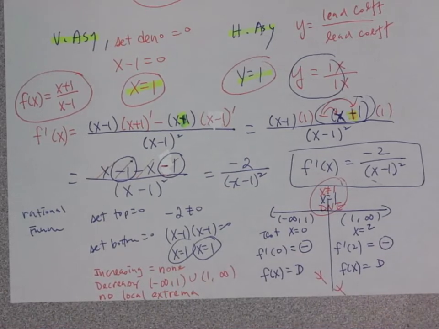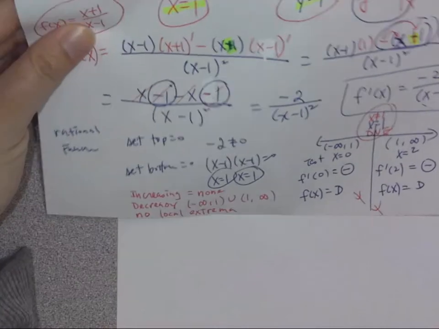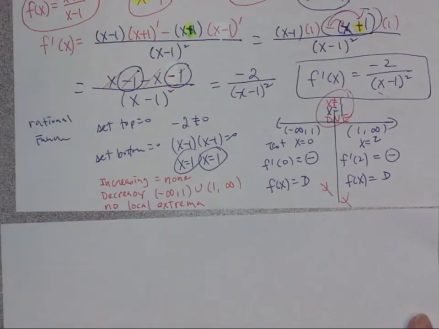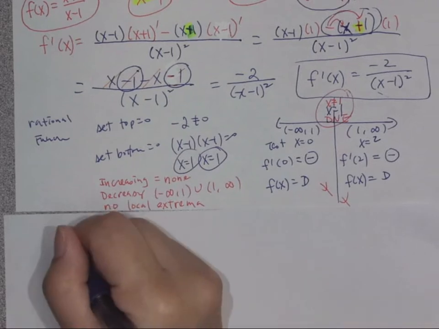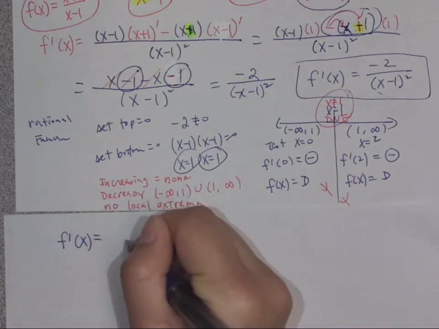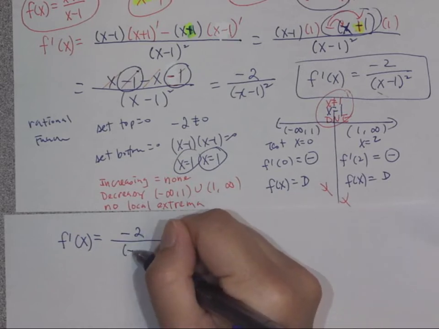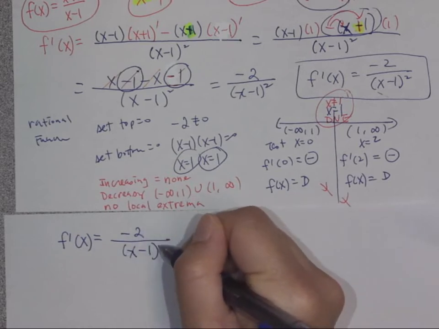And the second part of the question is asking about the concavity. So for the concavity change, we need the second derivative. So the first derivative, we said, is negative 2 over x minus 1 squared, right?